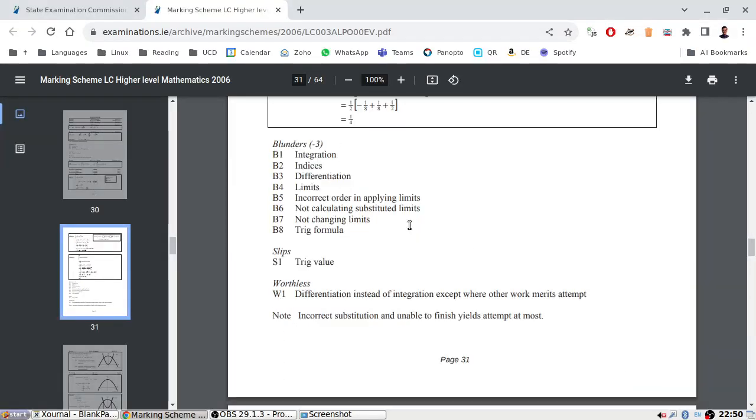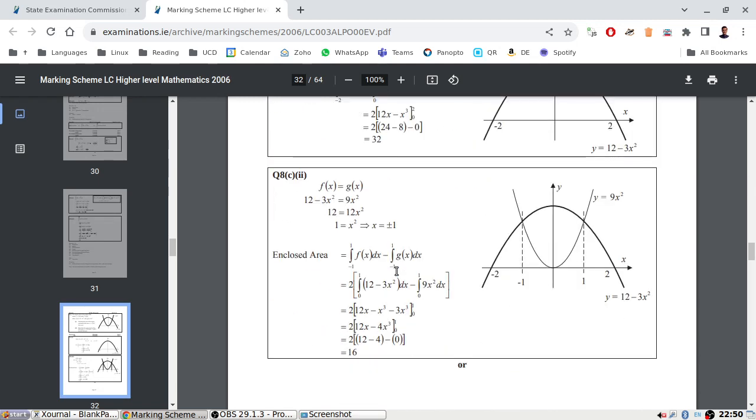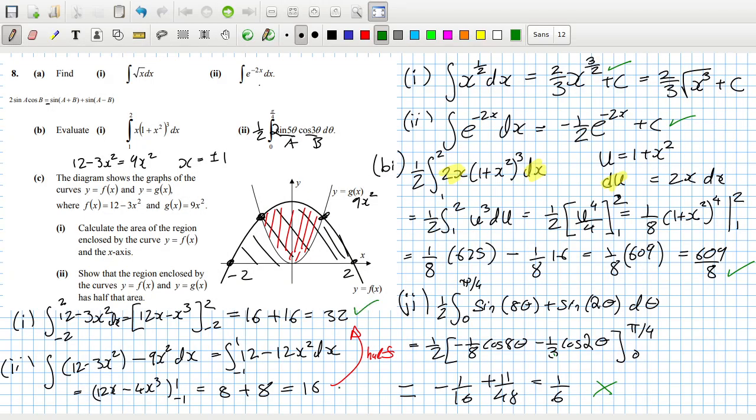So I must have mistyped something. 32 and 16. All right, so what have I done wrong now? I still have 3 here. Ugh, from the previous mistake. Dang.